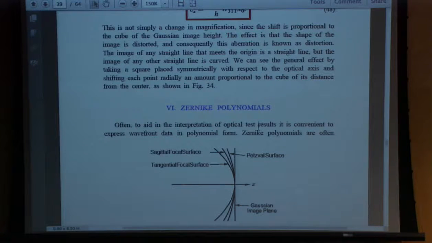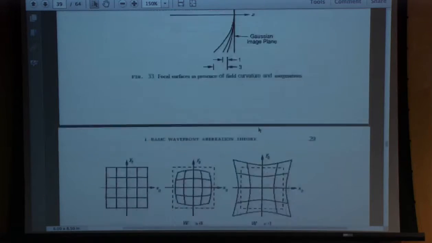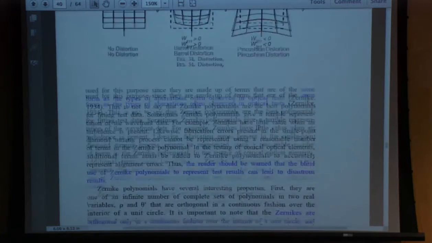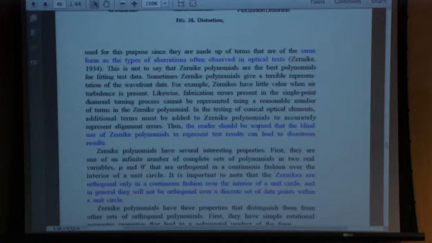So anyway, we often like to express the wavefront data in some polynomial. And the polynomial that is probably most used is Zernike polynomials. The reason is that the form is the same as the types of aberrations that you often see in optical tests, so Zernikes can be pretty useful.